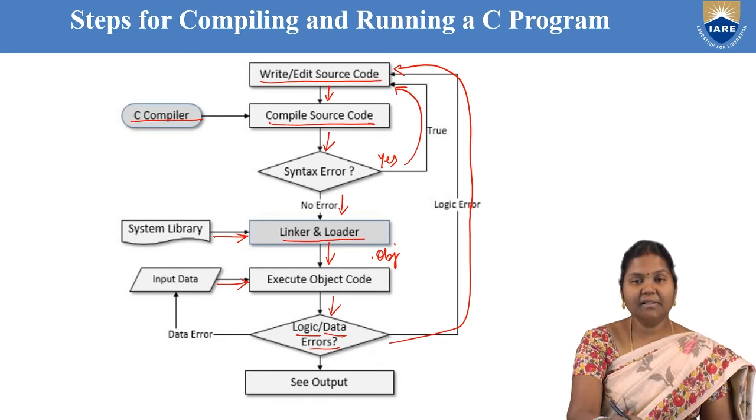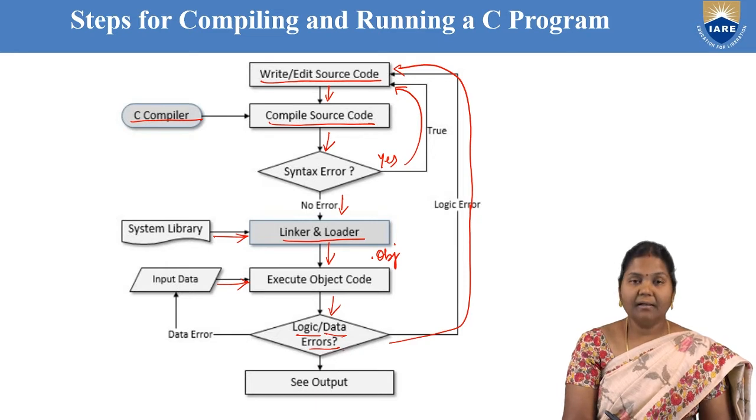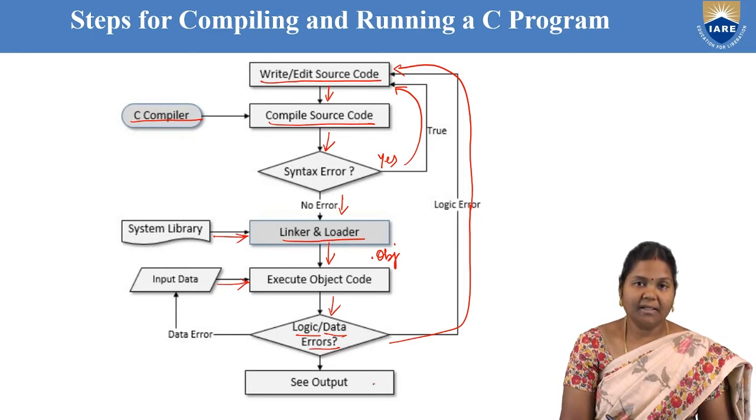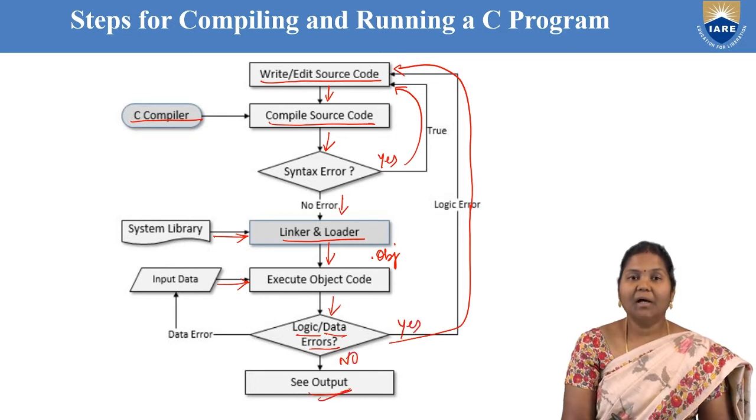That means after editing the source code, compile it again and check for syntax errors. If there is no syntax error, then link it with the libraries. Then the .obj file will be prepared again, and check again whether any errors are there or not. If there are no errors, then you can see the output.